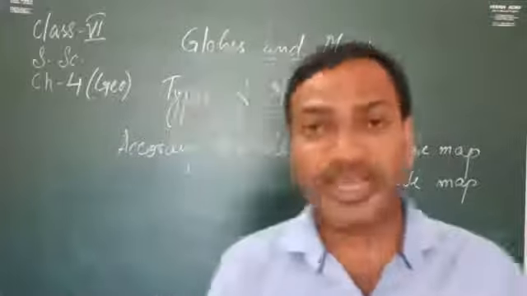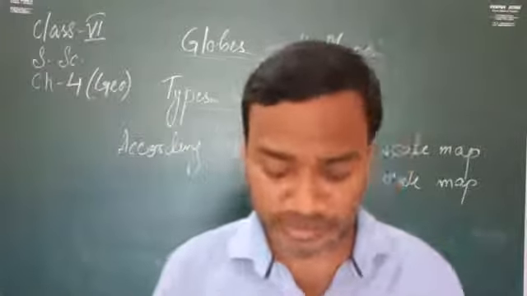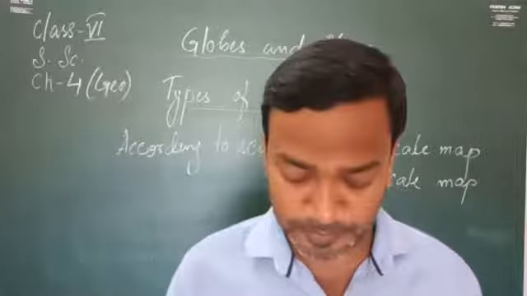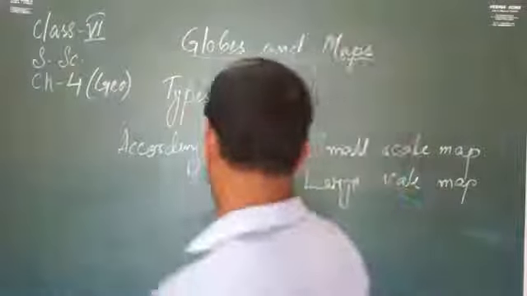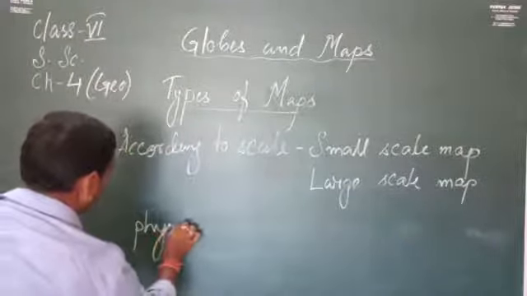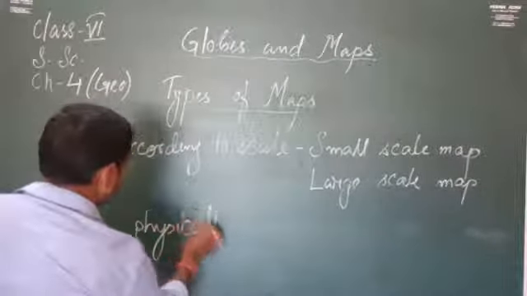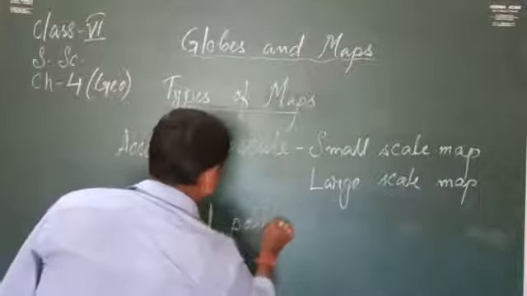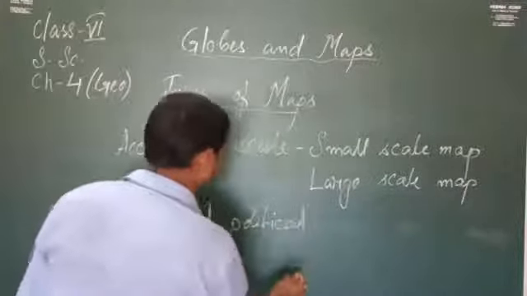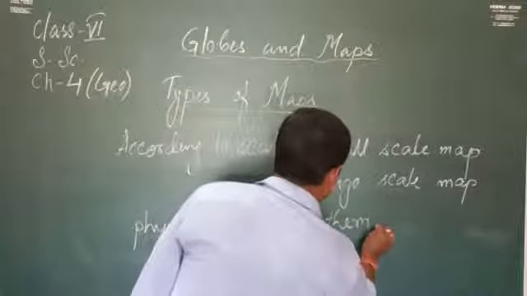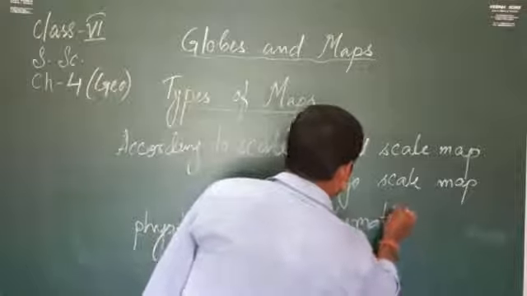Now according to function, there are three major types of maps. These are physical, political and thematic.